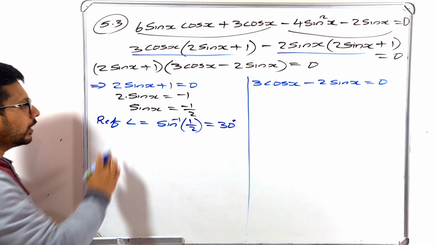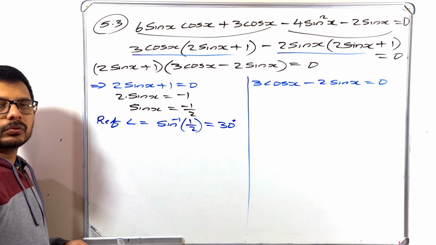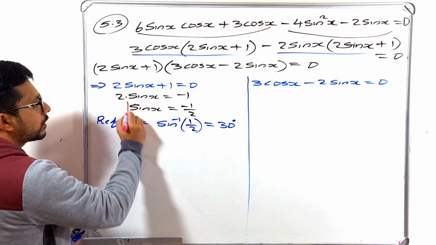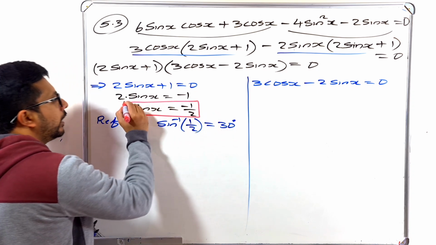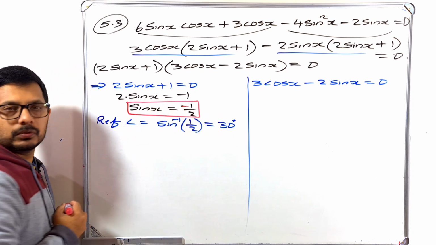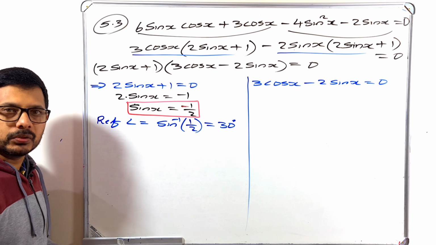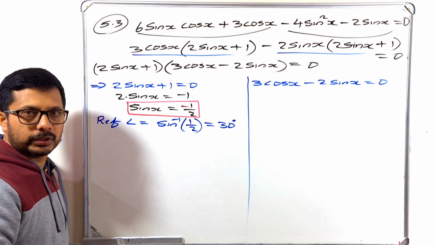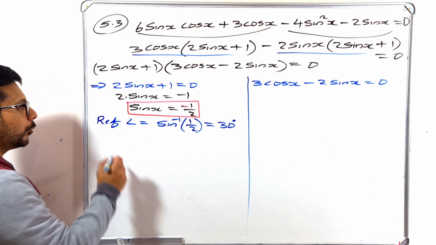So the reference angle is 30. Now what do you have to check? You have to check that sine of the angle is negative half. Sine is negative in which quadrants? Third and fourth quadrant. So you have to consider both of them.